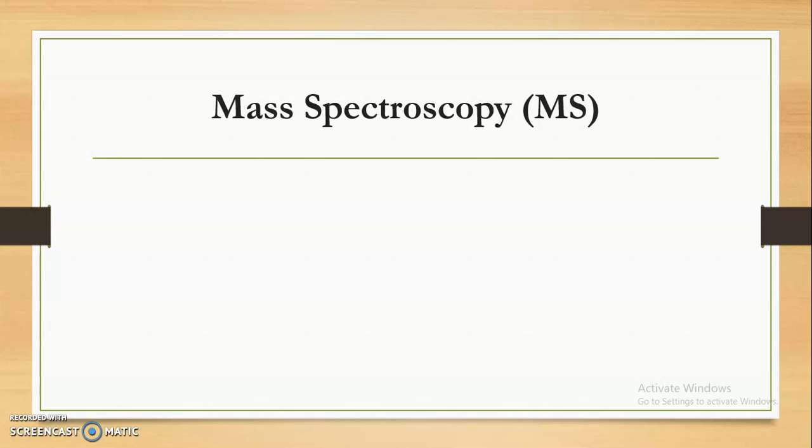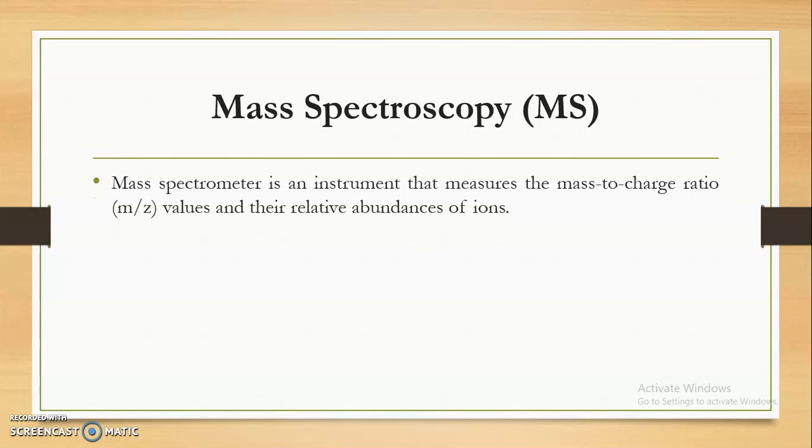For that purpose, infrared spectroscopy is one of the important techniques. Then the next important technique that is also useful for the structural determination of an unknown pure compound is mass spectroscopy. In mass spectroscopy, we measure the mass to charge ratio values and their relative abundances of ions. Basically, you can remember that this technique is used for the determination of molecular weight. We know, for example, benzene has a molecular weight of 78.